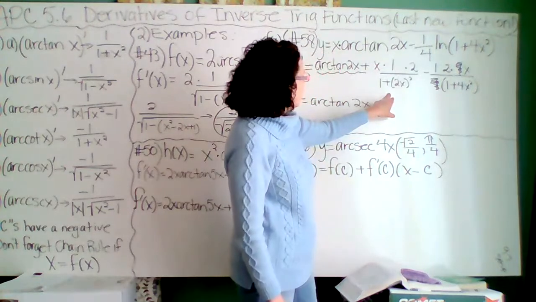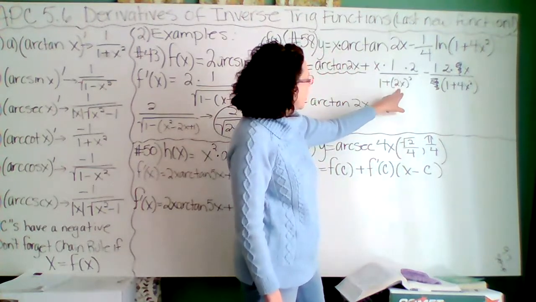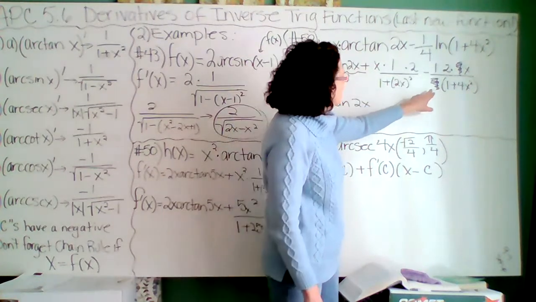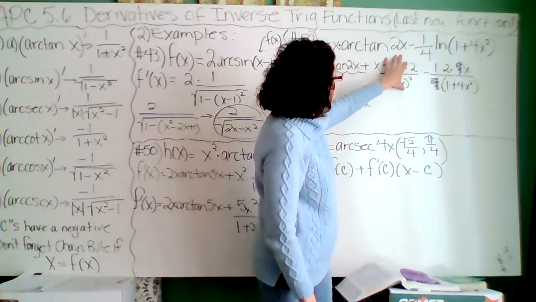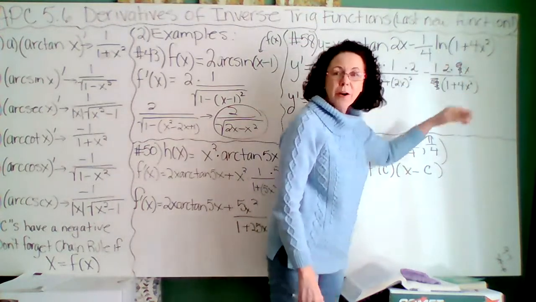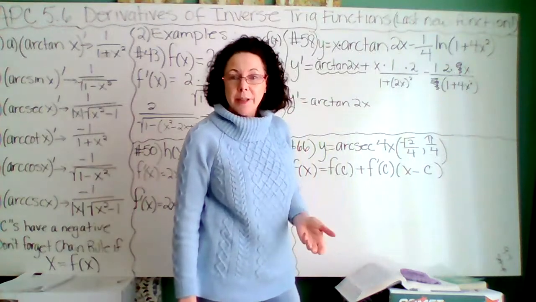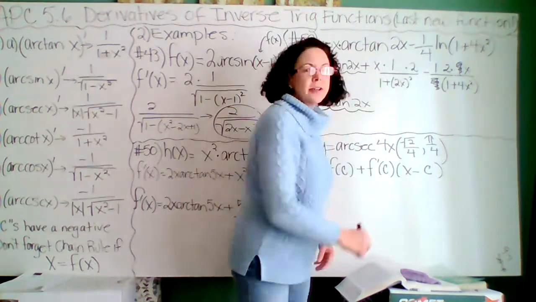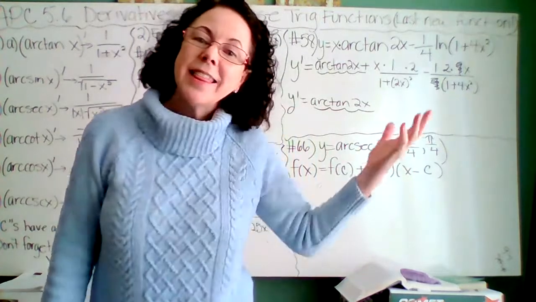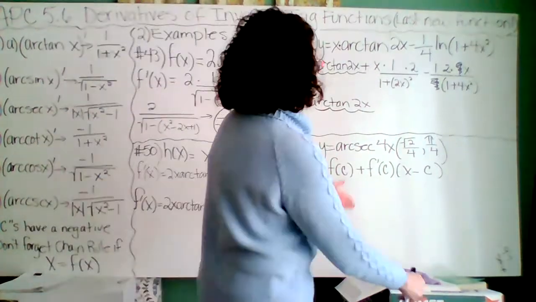Take a look at the denominator here. This is 1 plus 4x squared, and so is the denominator. So what you have is this term and this term are the same, and they're being subtracted. And so you're just left with arctangent of 2x. That's why they did this here.